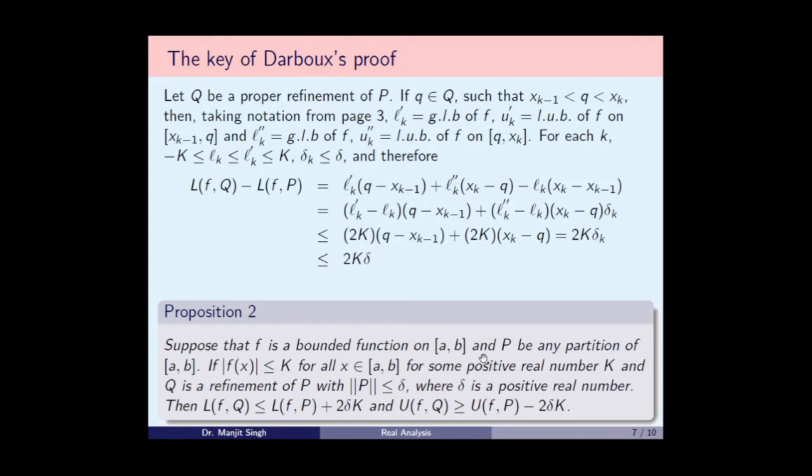F is a bounded function on the interval [a,b], and P is any partition of [a,b].